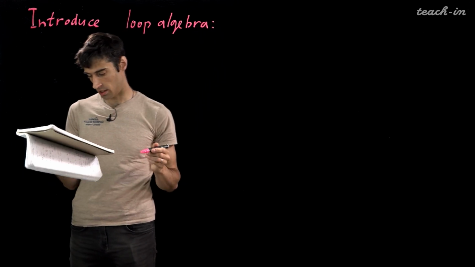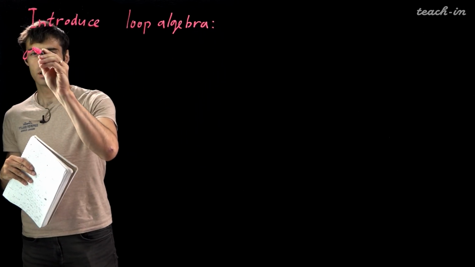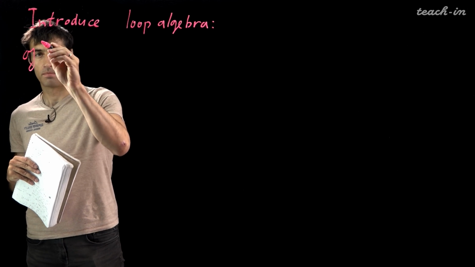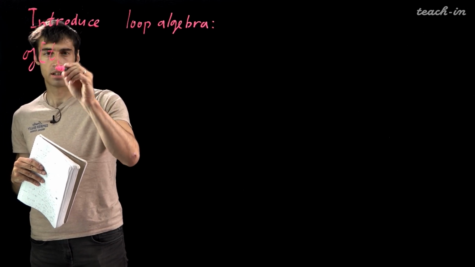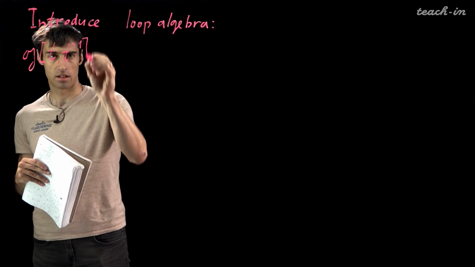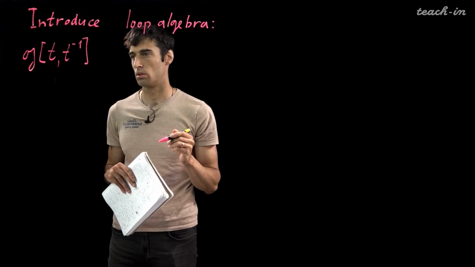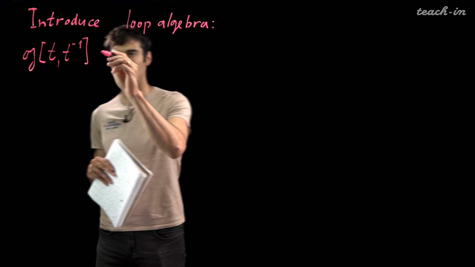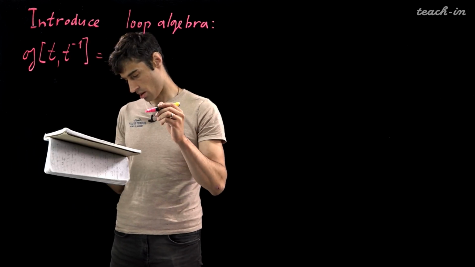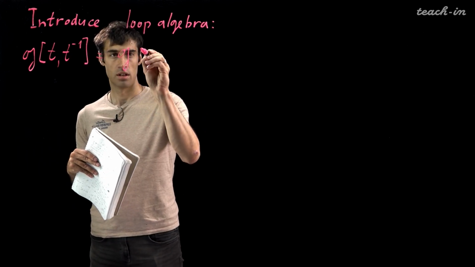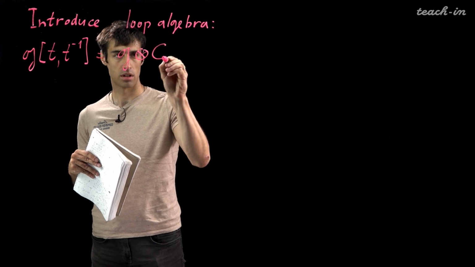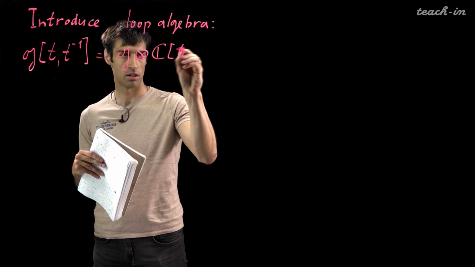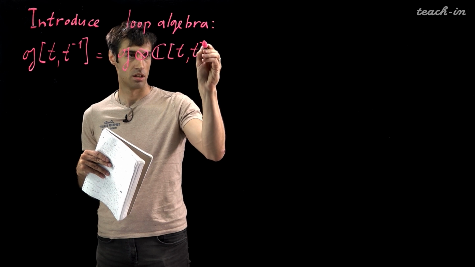By definition, it's a Lie algebra, and as a vector space, we just denote this new vector space in the following way: it is our g tensor product with all polynomials in variable t and t inverse.